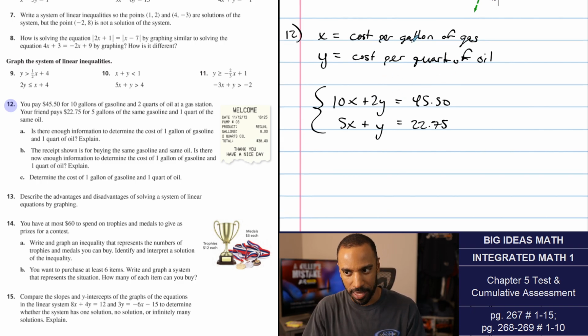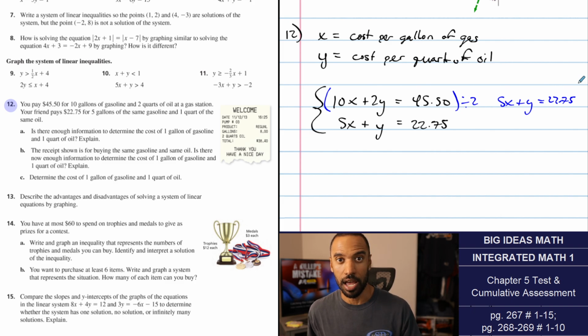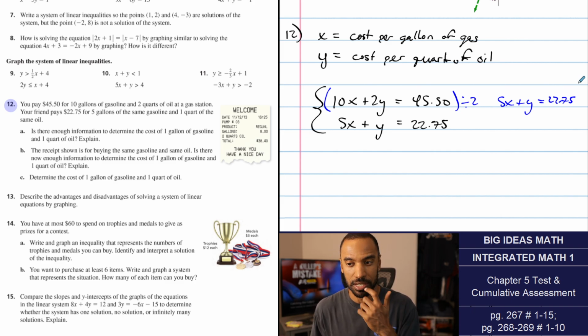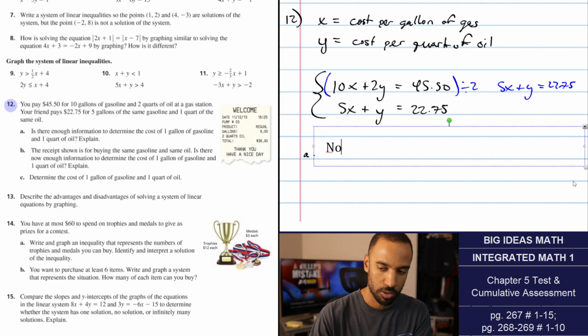Whether you write it in slope-intercept form or divide the top equation by 2, you're going to notice it's literally the same equation. It's basically, I bought double the stuff and paid double the amount, so it doesn't get me what each individual one would be. So for part A, no, this has infinitely many solutions. We still don't actually know the set.